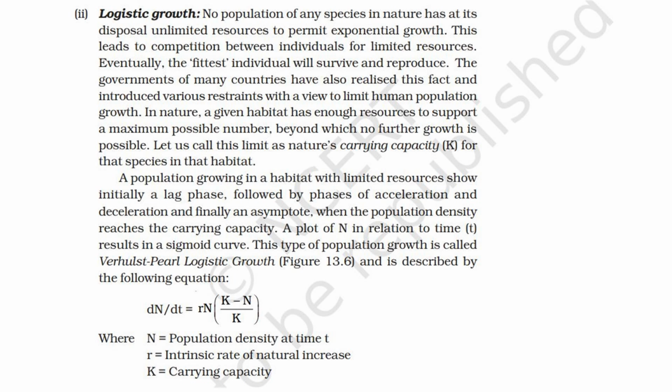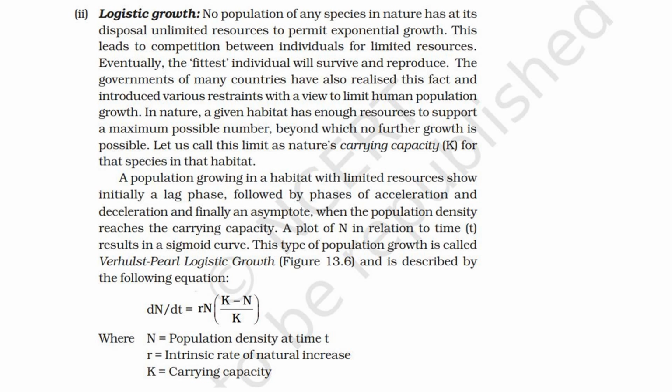A population growing in a habitat with limited resources shows initially a lag phase, followed by phases of acceleration and deceleration and finally an asymptote. When the population density reaches the carrying capacity, a plot of N in relation to time t results in a sigmoid curve.